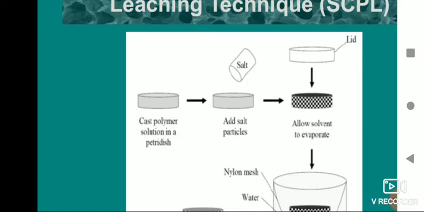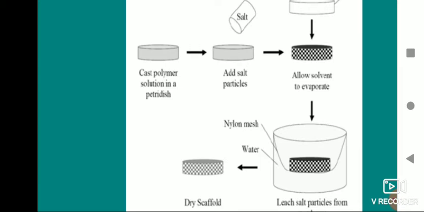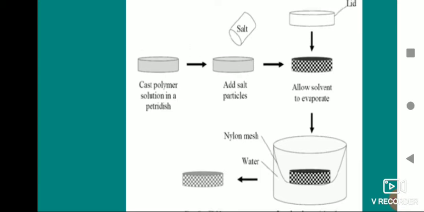Again, whenever I say polymer solution, we are talking about polymer in a solvent solution. So when this solvent is allowed to evaporate, there will be a mesh-like structure, right? And what happens to salt when it comes in contact with water? We have already understood, it will dissolve completely.